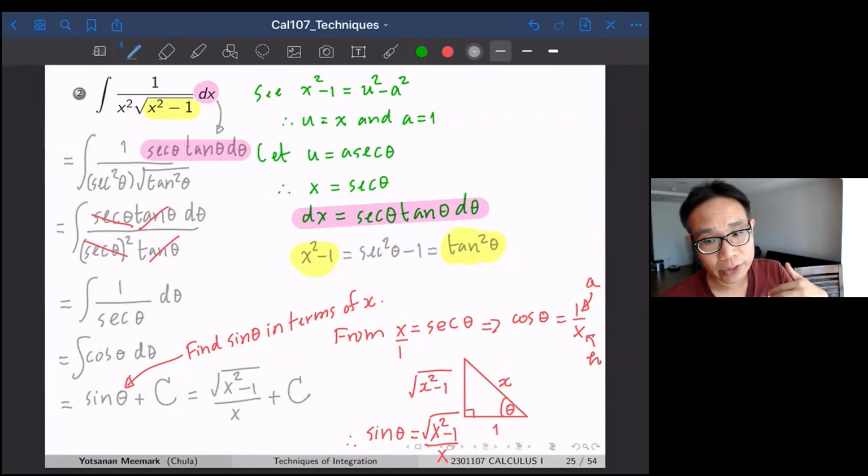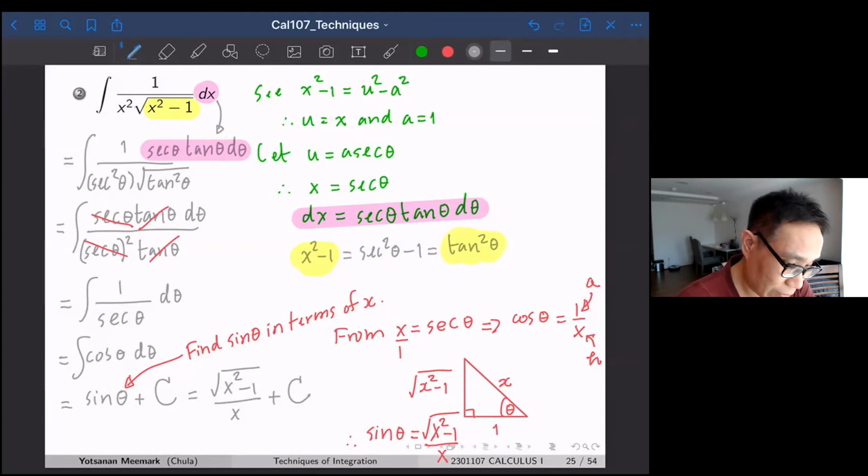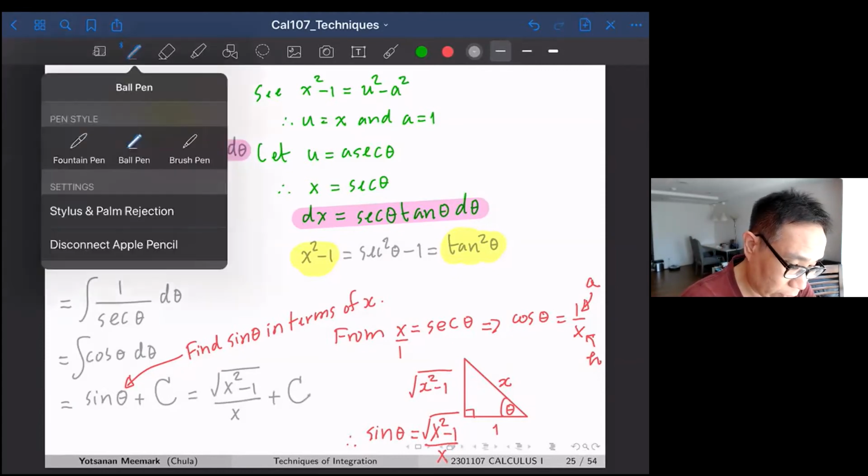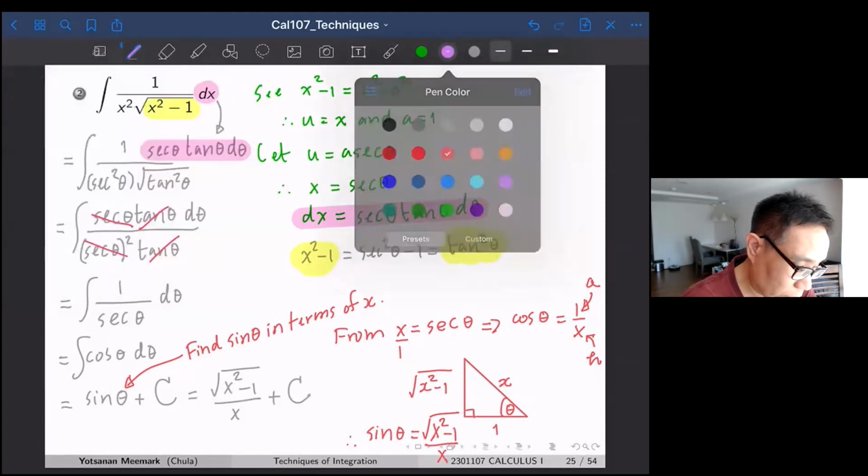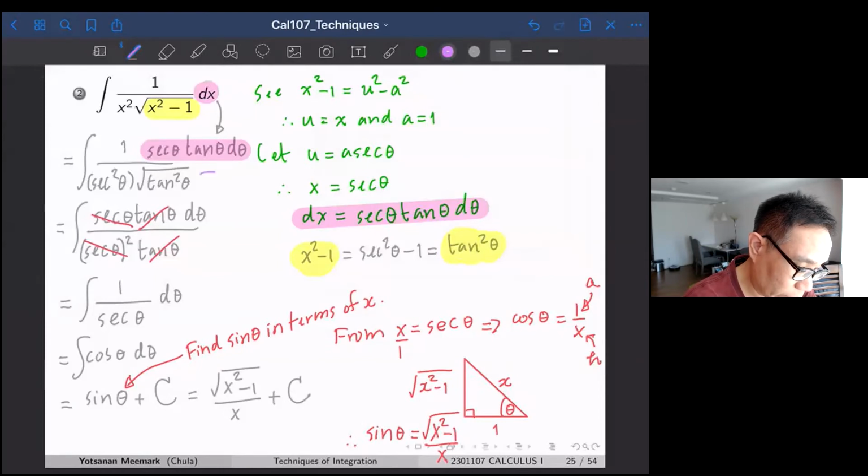So you see the red thing that I wrote down here, it's finding sine theta in terms of x that you may need to find at the end. So you see that the trig sub is just this line. So this line is called trig sub.